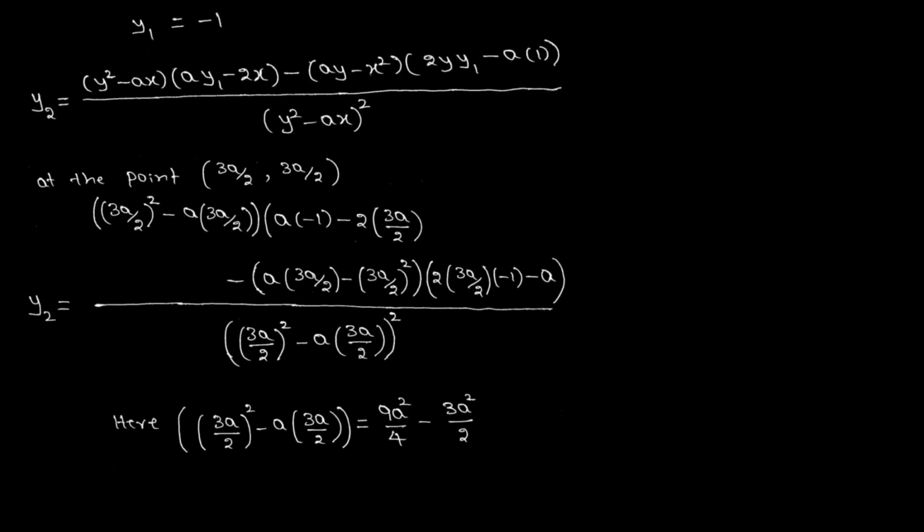By taking the LCM, we have 9a square minus 6a square by 4. 9a square minus 6a square will be 3a square by 4.